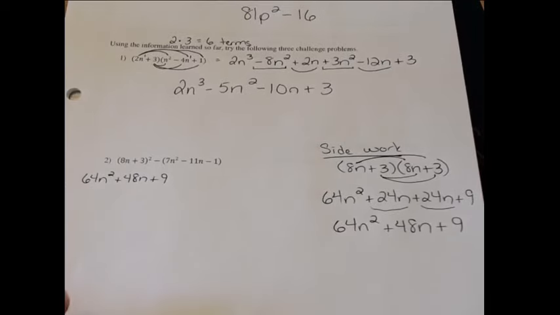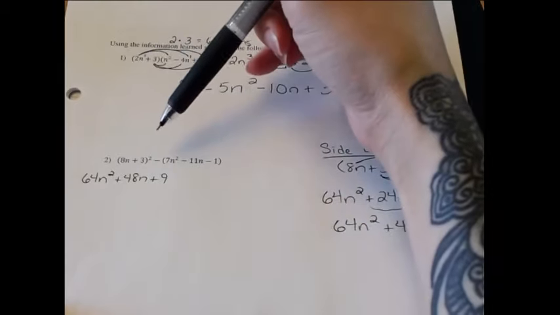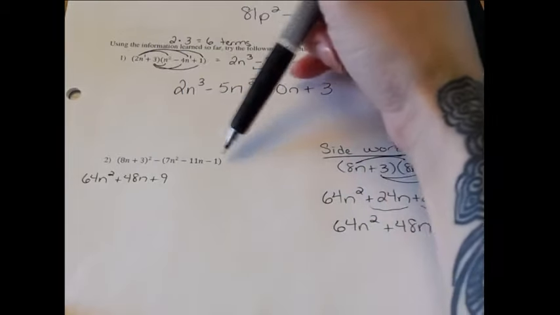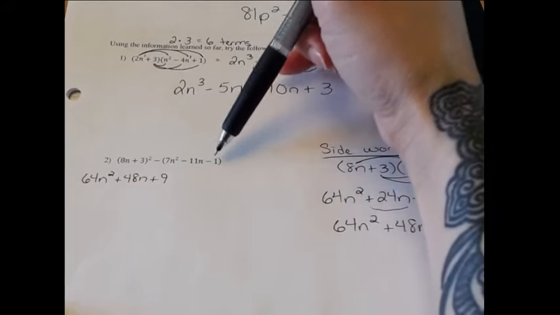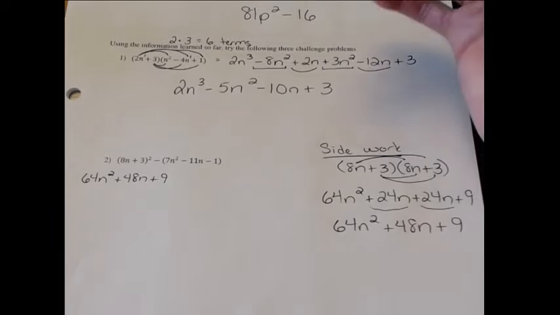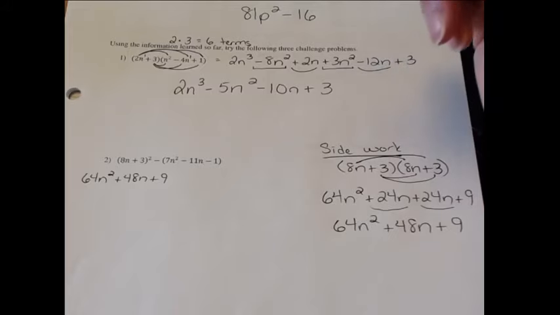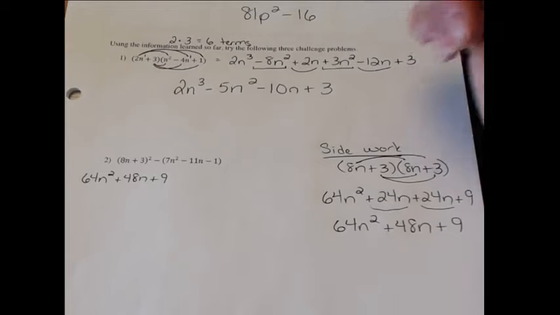The next thing we notice is that we have 8n plus 3 quantity squared minus a trinomial: minus 7n squared minus 11n minus 1. When we first started these notes, recall that when we were subtracting polynomials, we distributed that negative through everything that came after it.